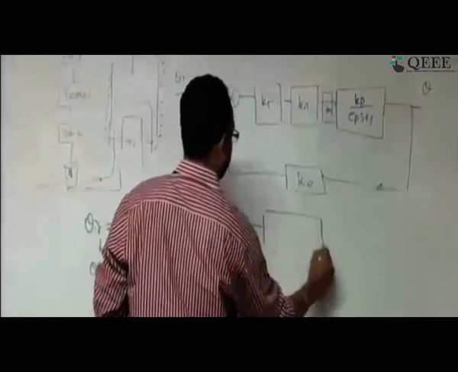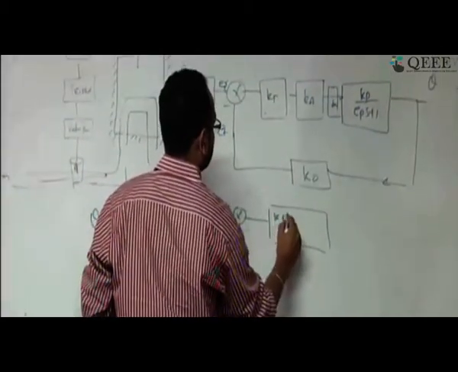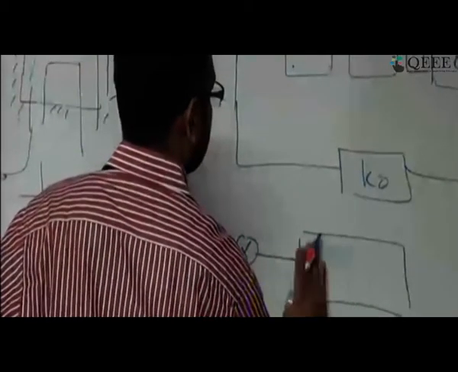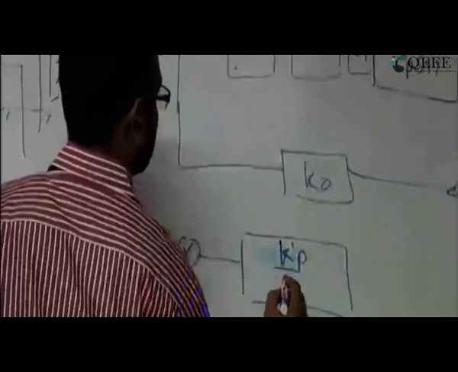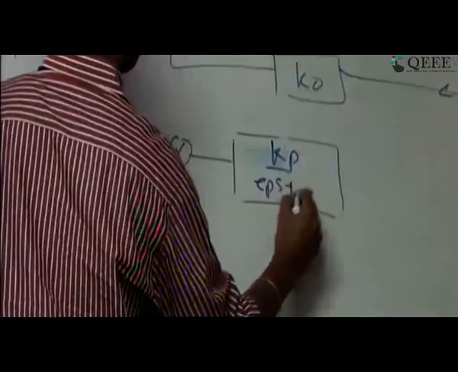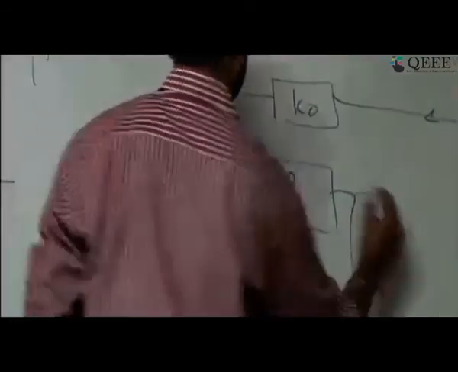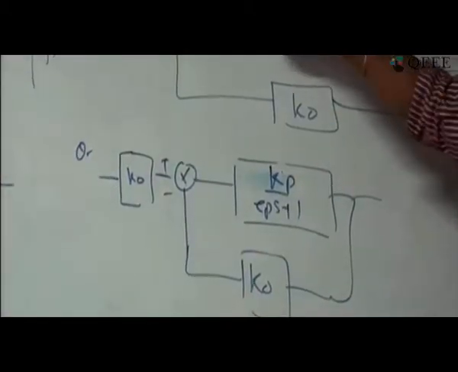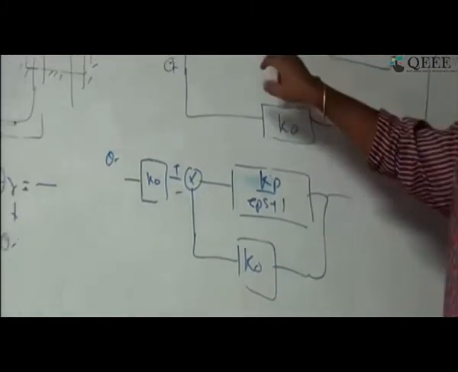I can look at it as Kp into Kx, Kt, Ka, Kx; let me change the entire thing by a constant K dash P, and let me use Kp only, with tau p s plus 1, and this is K0. Okay, this part is clear. I have just taken the multiplication of these constants Kx, Ka, Kt, Kp, and made one constant K0. One important point has to be noted.